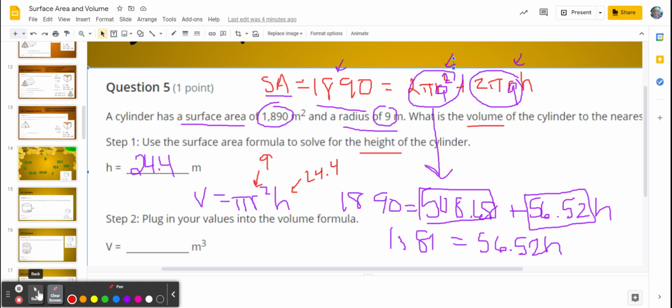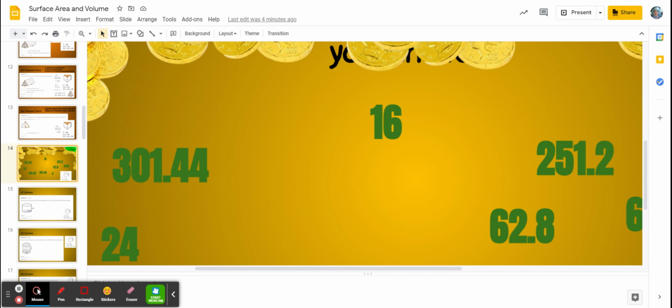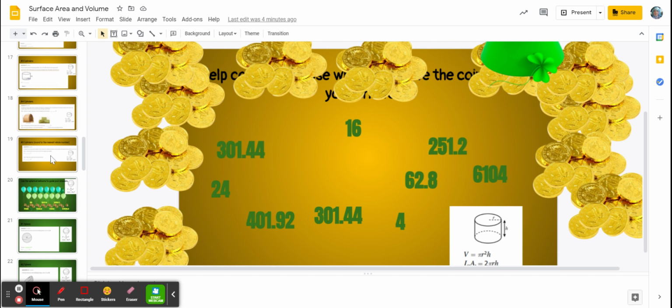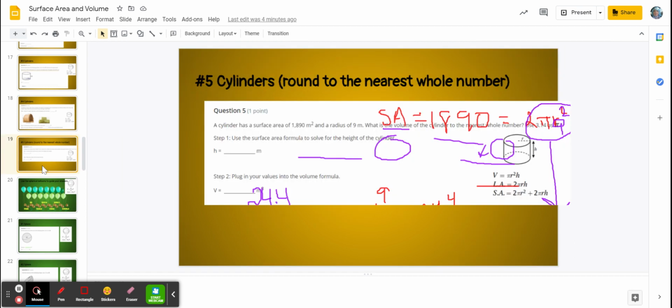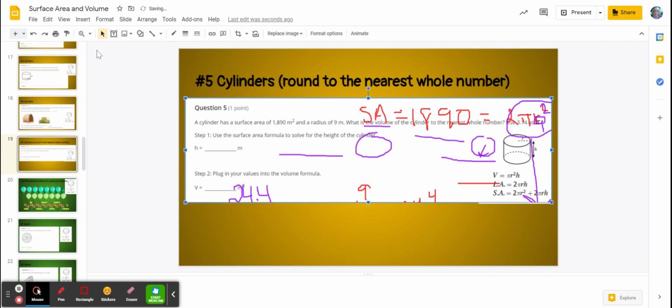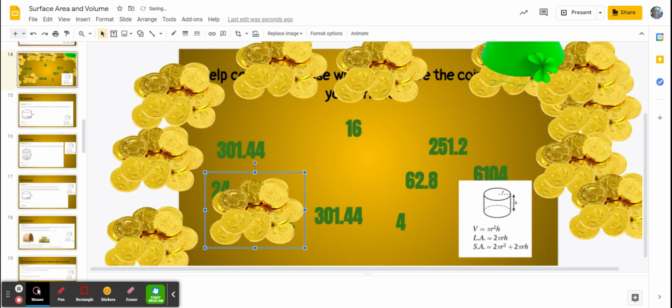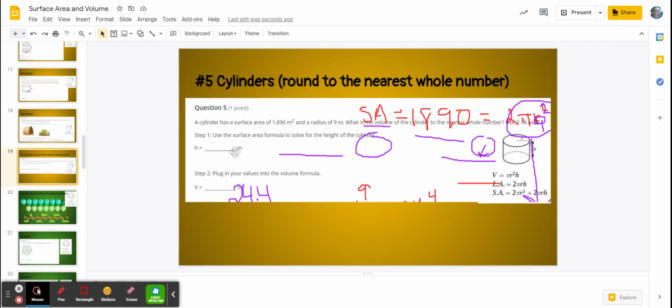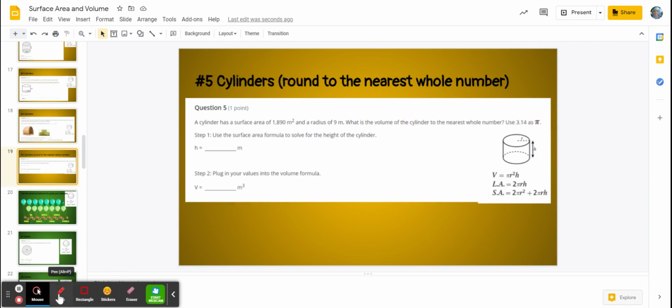I'm surprised you went to lunch. You put 1 4, parentheses 9 squared. And then parentheses 24. I don't know if I did it. So let's look at it again. We've got the 1890, right?